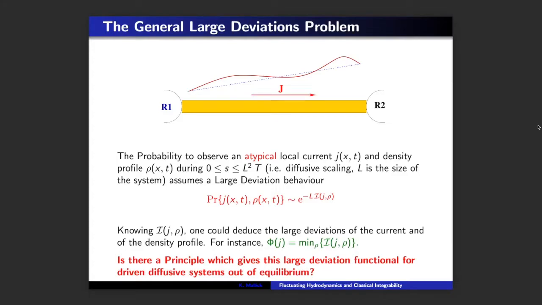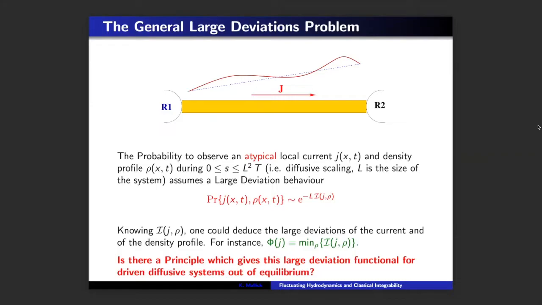Of course, the hydrodynamic behavior in the simple case of Fourier will give you a straight line for the density, but I want to see what is the probability of seeing the red line for the density. So I want something more than a purely deterministic hydrodynamic description. And there is a large deviation law at the functional level. It was proved by Varadhan, for example, for this probability distribution of these functions, which depend on space and time.